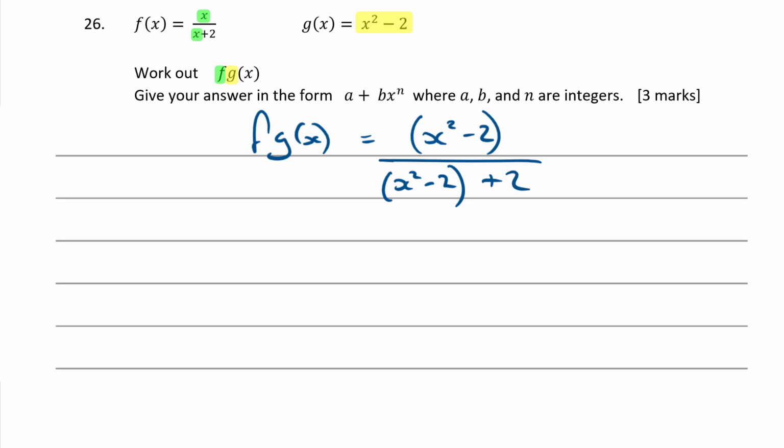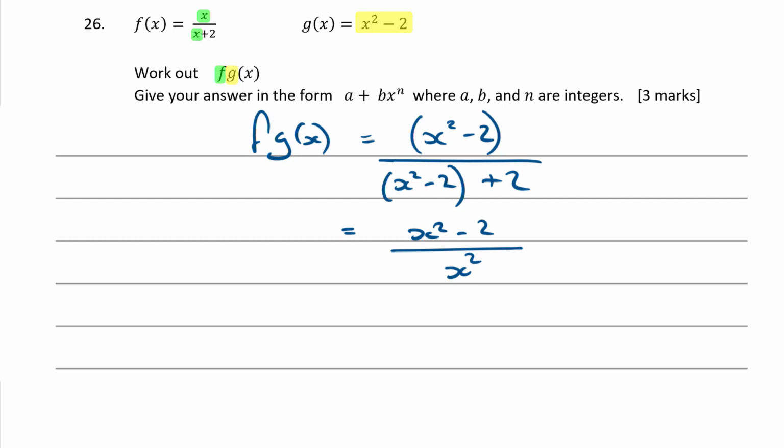Just removing the brackets, I've got x squared minus 2 on the top, divided by x squared minus 2 plus 2, which is just x squared. Now it's not quite in the form we need it in. We need it in the form a plus b lots of x to the power of n, where I've got a fraction over x squared at the moment.